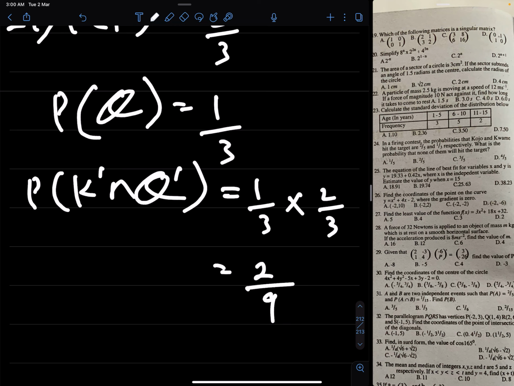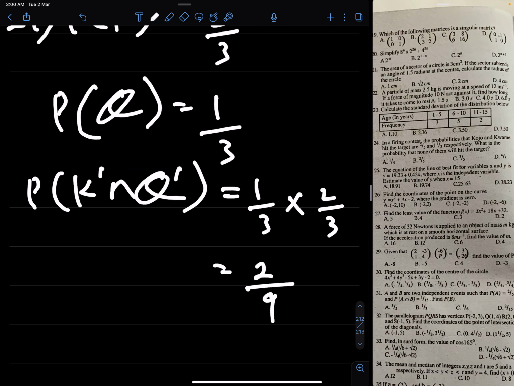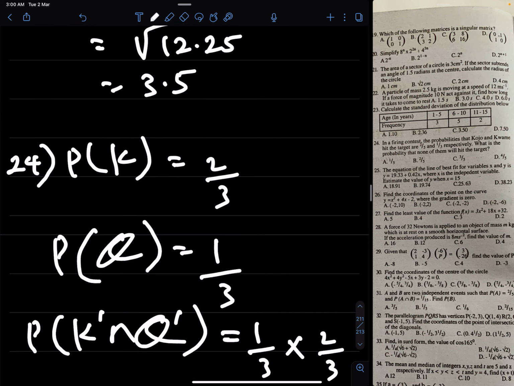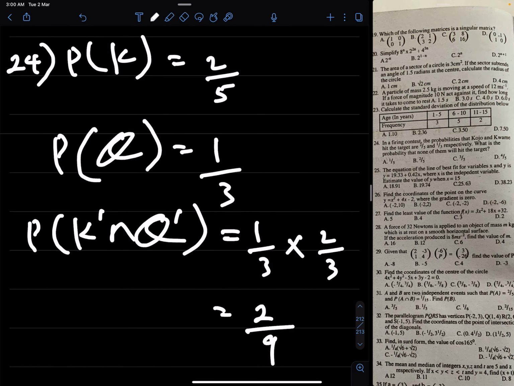Or let's see, what's the probability that none of them hits the target? The probability that Kojo hits the target is 2/5 and not 2/3. The probability that Kwame hits it, 1/3, is correct.